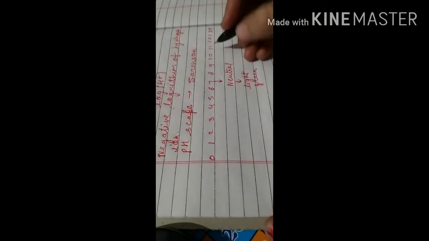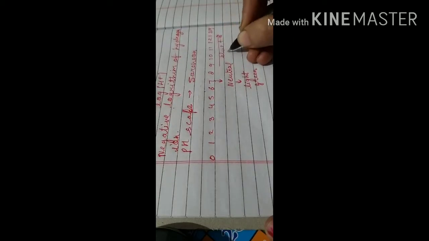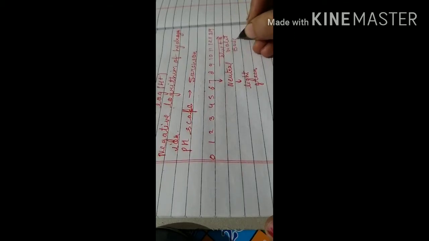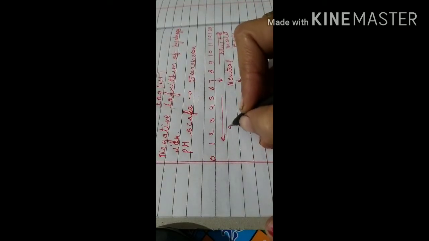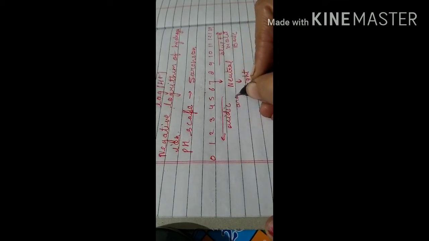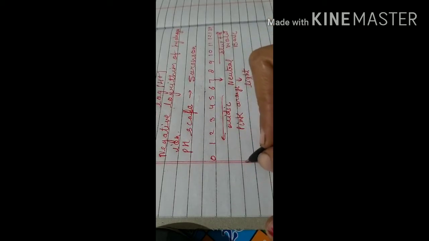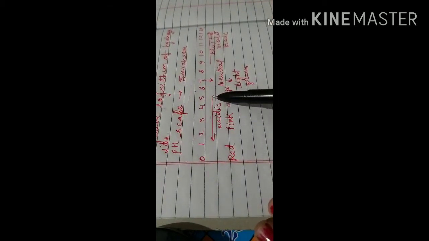If it is dark green, it is a little bit basic in nature. If it is blue to violet, it will be basic. As it becomes acidic, the color changes to orange, then pink, and in strong acidic nature it becomes dark red or maroon. As the pH value decreases, acidic strength increases. As the pH value increases, basic strength increases.